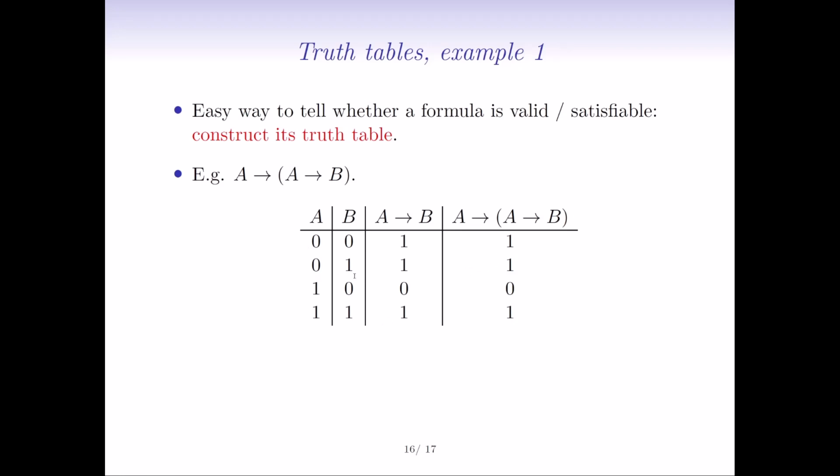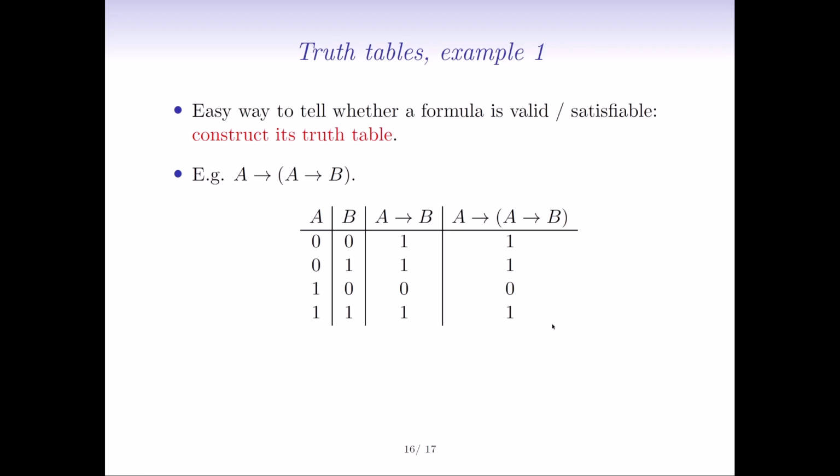So in the first 2 lines, A is false, which means that the formula turns out to be true. In the third line, we have A, but we don't have A implies B, so the formula turns out to be false. And in the last line, we have that A implies B is true, which means that the formula turns out to be true as well.